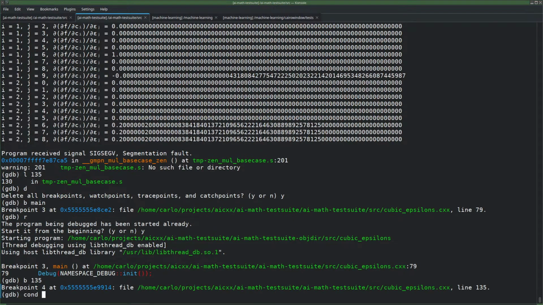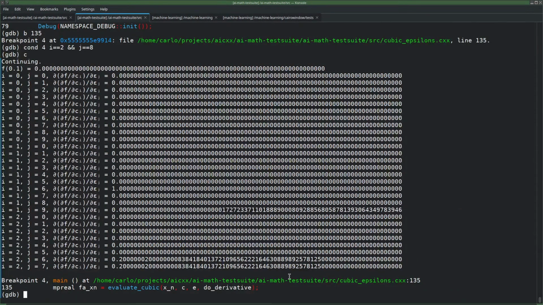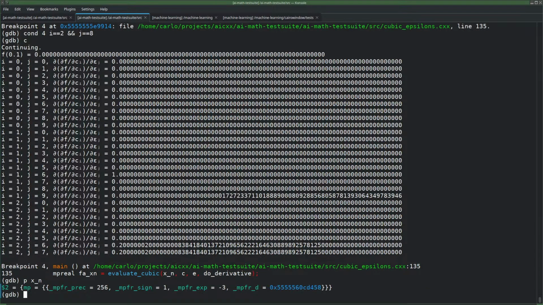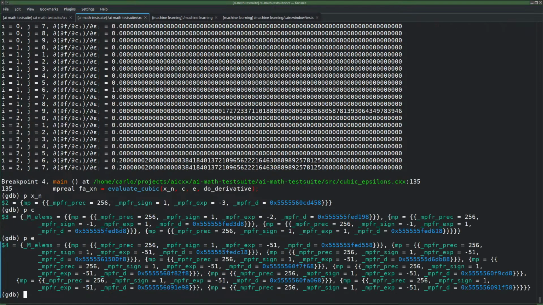Condition 4. I equals 2 and J equals 8. Now continue. Now we are there. Print X. Well, I can't do that, but it is something. And C is something, and E is something. Doesn't really help much.